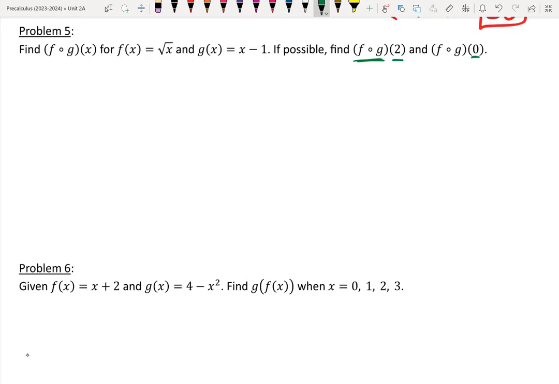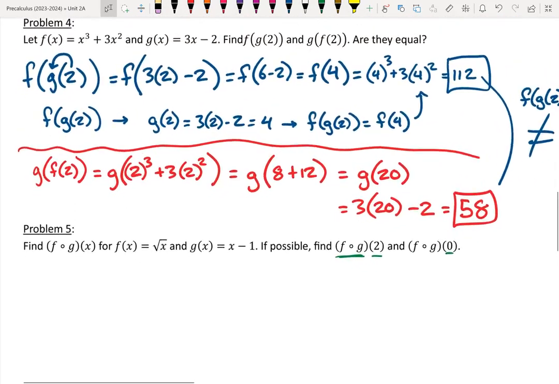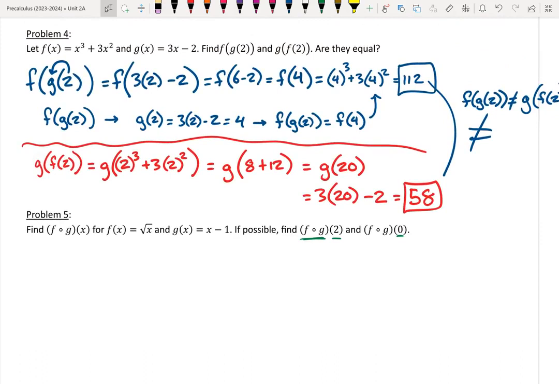So this is actually another way problem 4 could have been done. Problem 4 could have been done where you find the composition function first, meaning I find f of g of x first, and once I have that function, I can then plug it in.